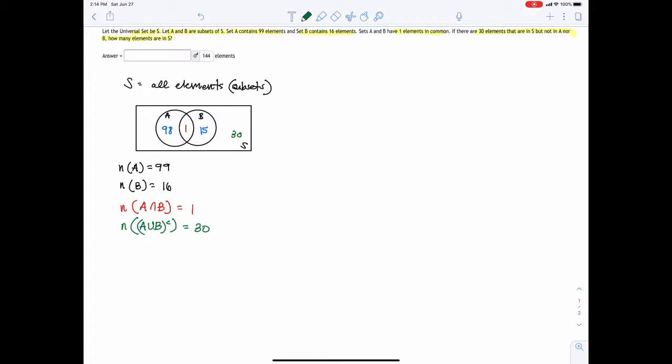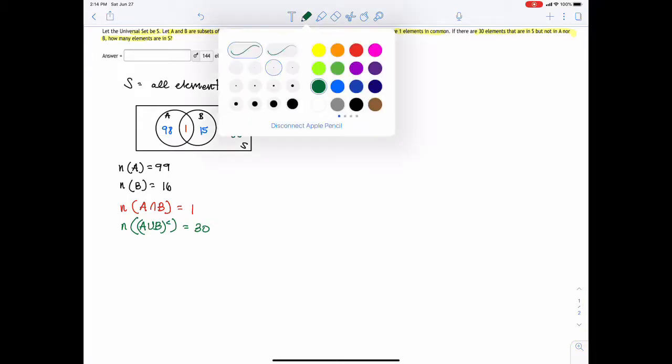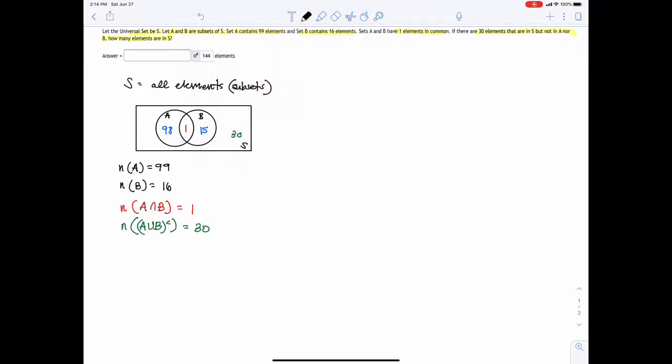Okay, so just from the Venn diagram, we could see that the number of elements that are in S total is going to be the sum of all these three numbers. So right away, we can kind of see that, okay, I'm just going to add 30 plus 15 plus 1 plus 98, right?